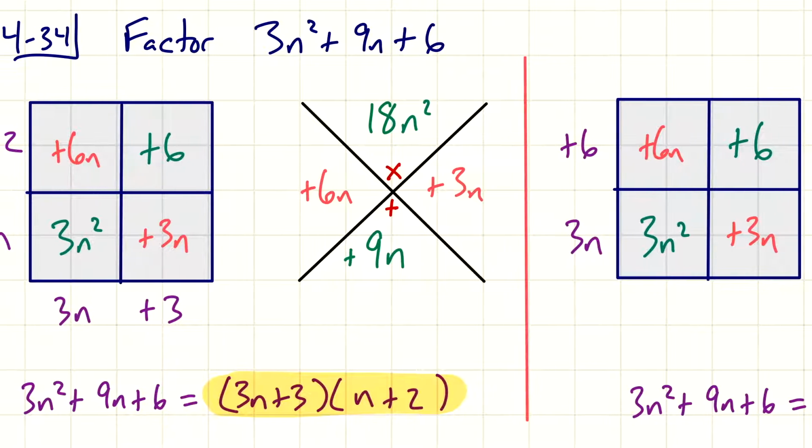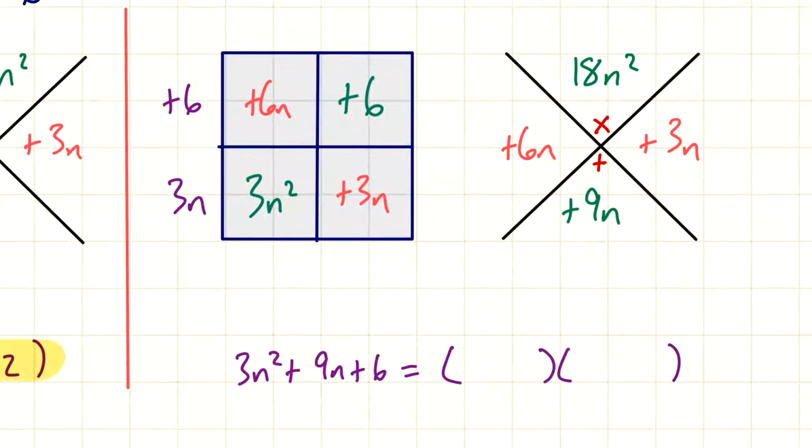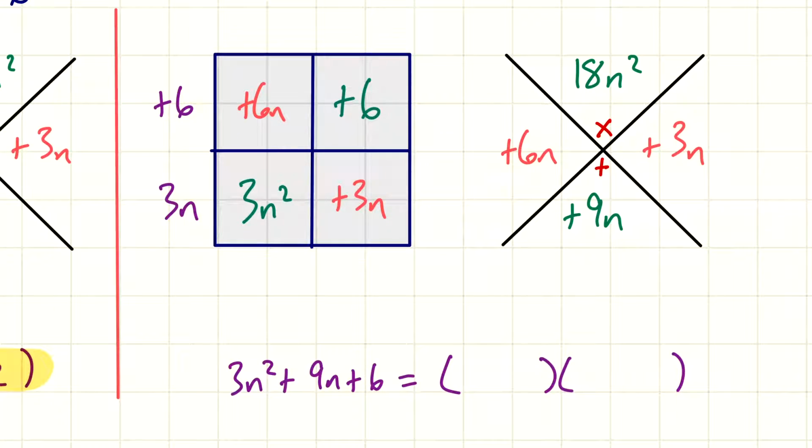and you say, well, I don't like to start with the columns. I'd actually like to focus on the rows instead. And so if I say, oh, 3n squared and 3n, then that means they have a 3n in common. And then 6n and 6 have a 6 in common. All right, so that sounds right.